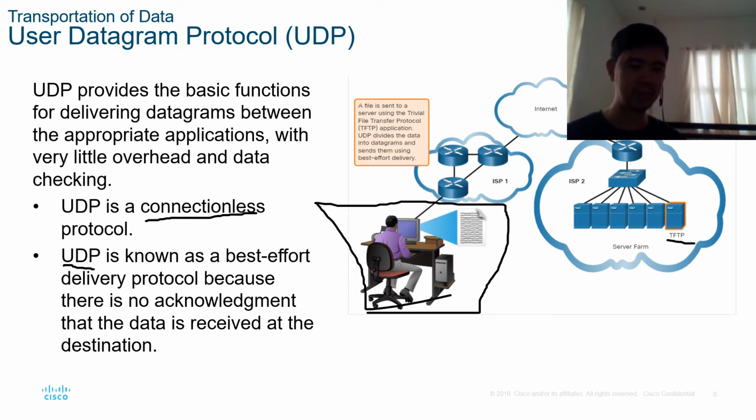So it will try its best. That's why it's called best effort in delivering the pieces of segments. There's no acknowledgement in the data. There's also no sequence number in the User Datagram Protocol. The good thing with UDP is that it's faster compared to TCP, because there's little overhead, there's no acknowledgement, and there's no idle time.